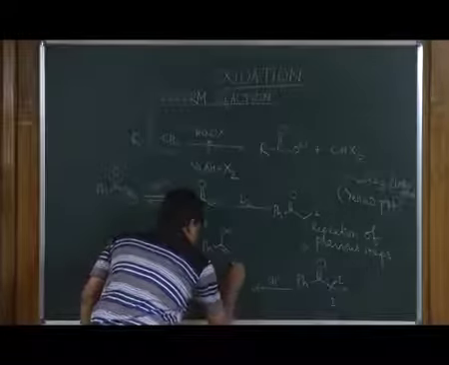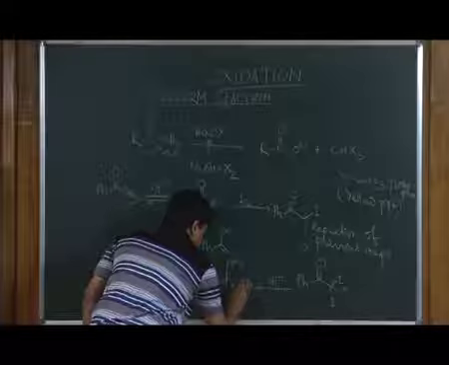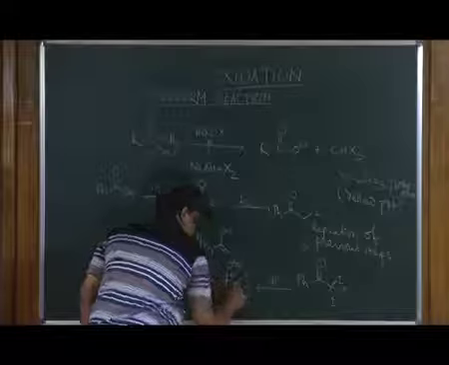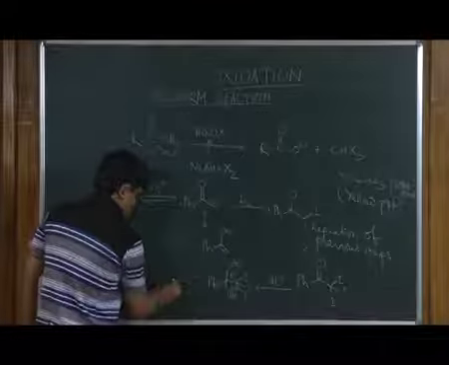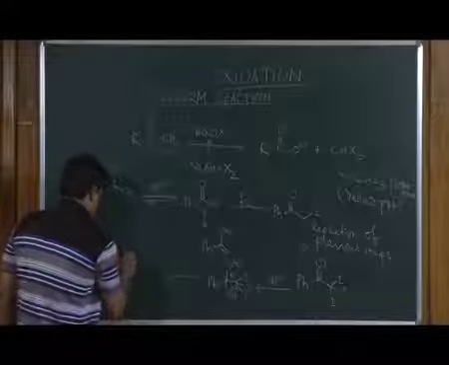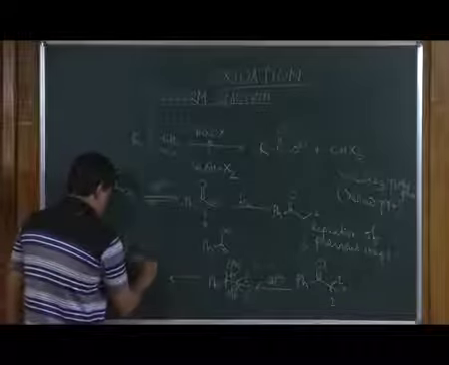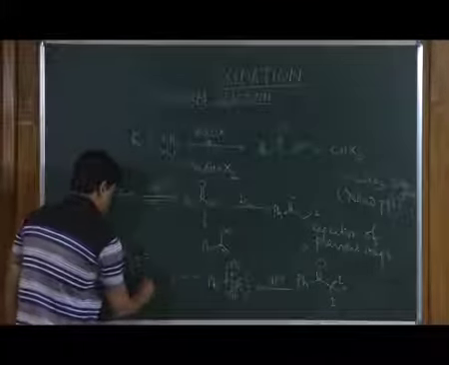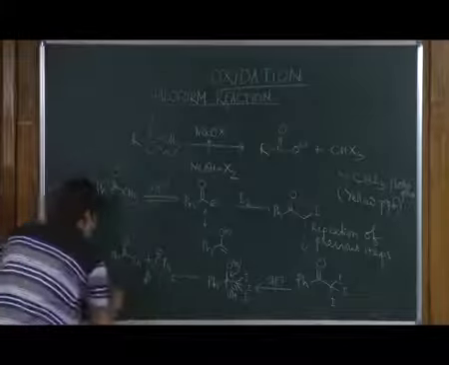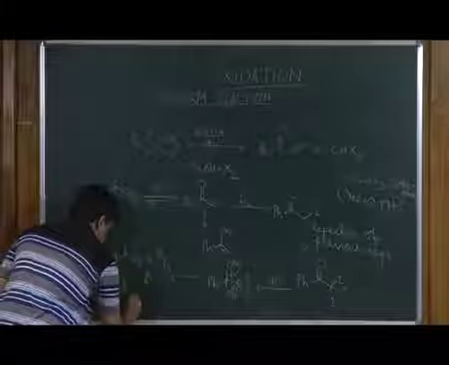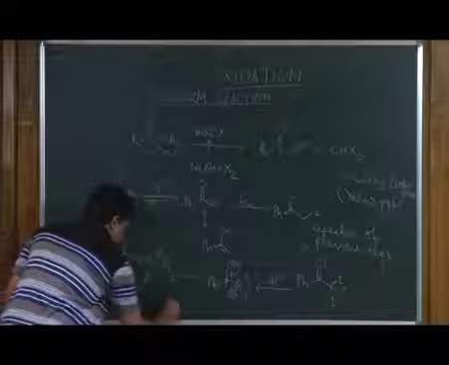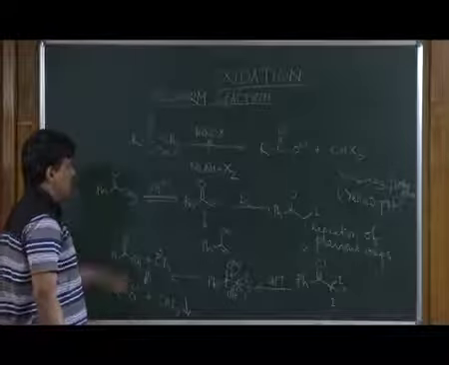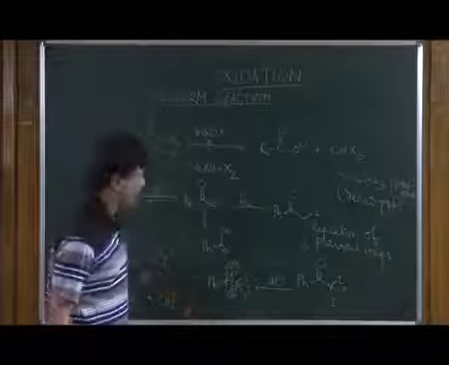So, if base attacks, you get this one, and since this is quite stabilized now with 3 iodines, you get benzoic acid and minus C I3. Because this is a strong acid, it will protonate the iodoform and you get the precipitation of iodoform in the reaction. So, this is a base mediated reaction.